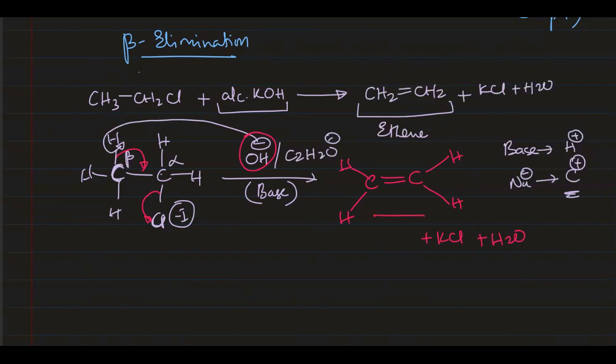So now you got this ethene. So this is the simple mechanism of elimination, and every time beta hydrogen is being eliminated, so it's a beta elimination. Okay, so some important features of beta eliminations are there which will be understood by solving questions.